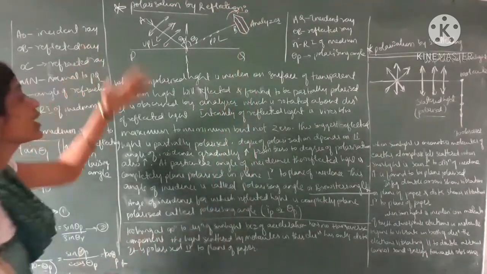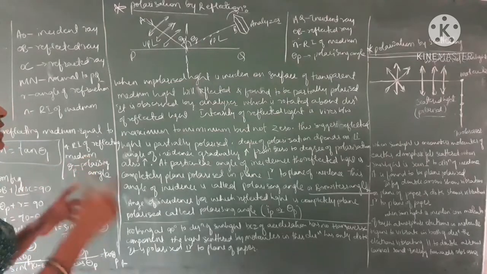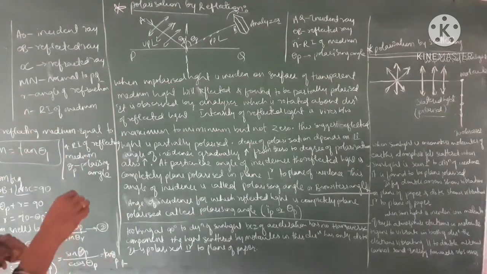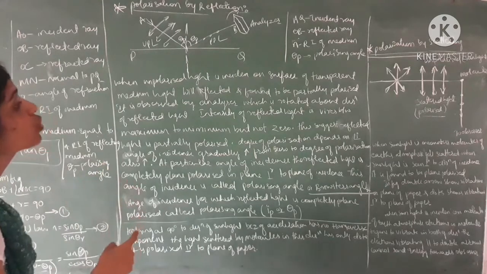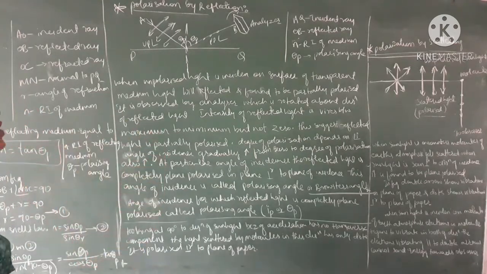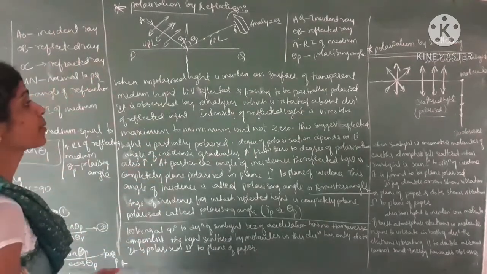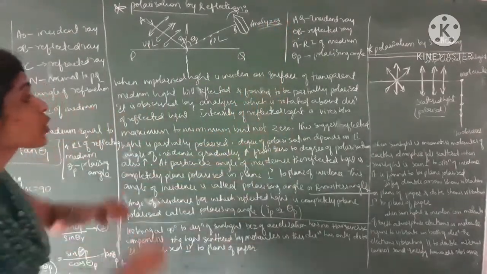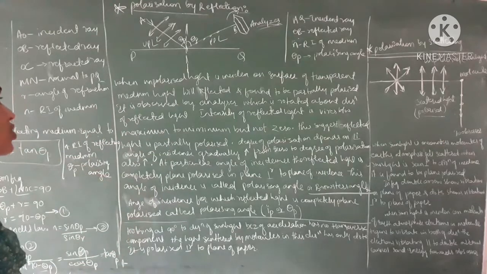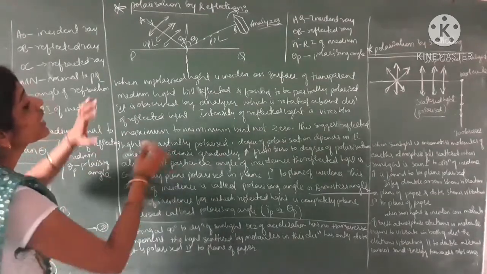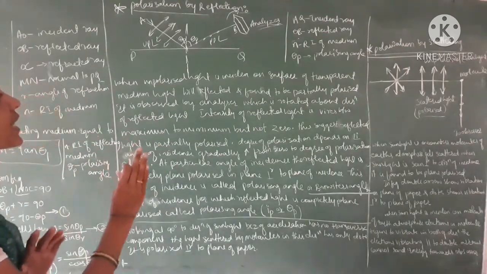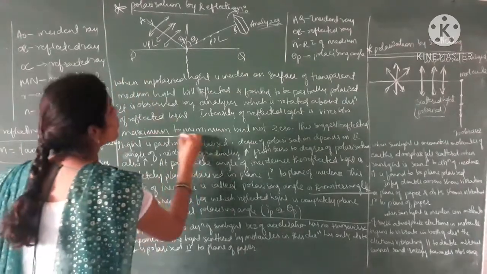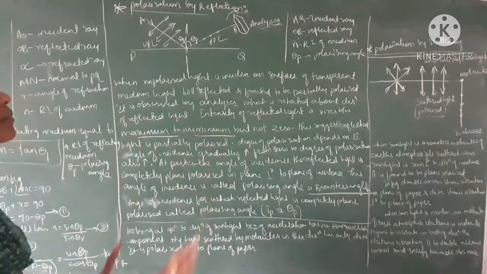When unpolarized light is incident on the surface of a transparent medium, the light gets reflected and is found to be partially polarized. This is observed by the analyzer, which is rotated about the direction of the reflected light. The intensity of the reflected light varies between a maximum value and a minimum value, but does not become zero.